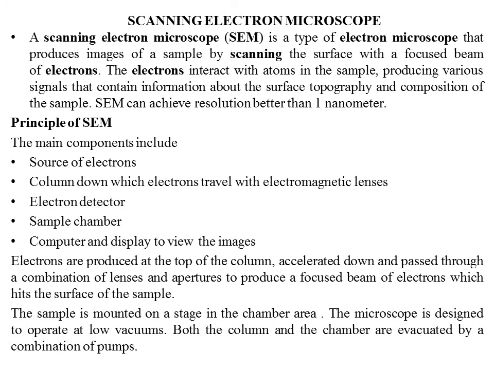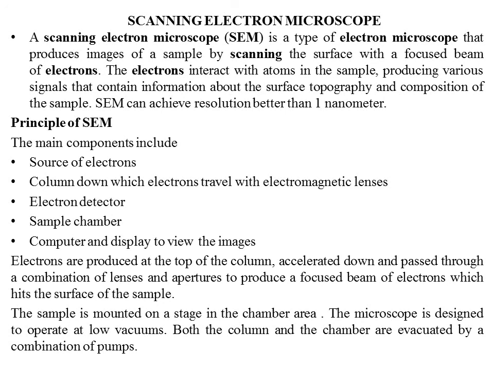In this scanning electron microscope, the electrons that are produced interact with the atoms in the sample. When the electrons interact with these atoms, they produce signals that contain information regarding the surface topography or the composition of the sample. That information is collected by a number of detectors and then studied.